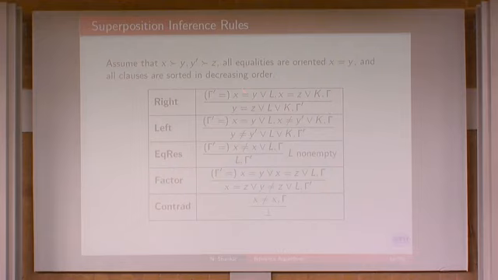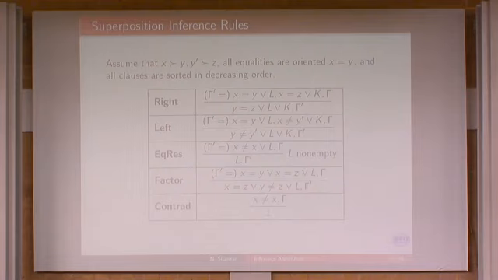The right rule says, add y equals z to that, because on these two you can make y equals z under the context L and K. One way of reading clauses that I find helpful is to think of this as saying: not L implies x equals y, and not K implies x equals z. If not L implies that and not K implies this, then not L and not K implies y equals z.